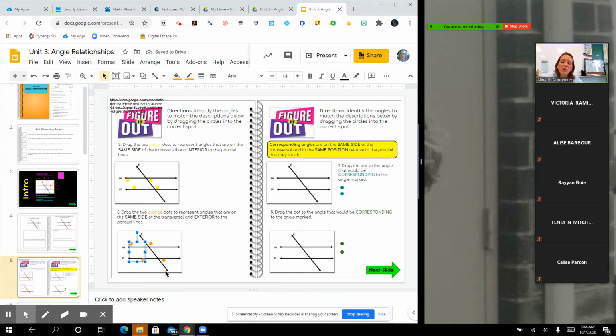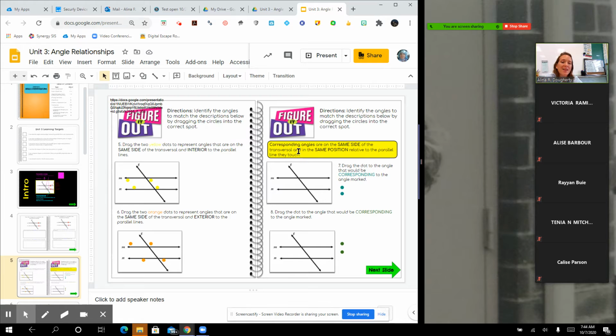They can either both be on the right side or both be on the left side. Normally, I would make them 2 totally different shapes so you don't get confused. These 2 are same side interior. These are same side exterior. Okay.